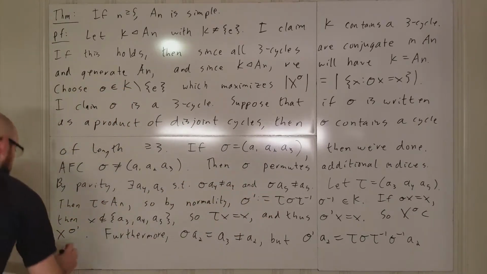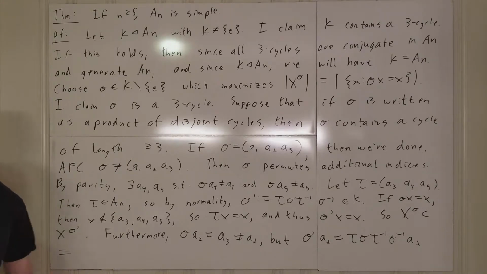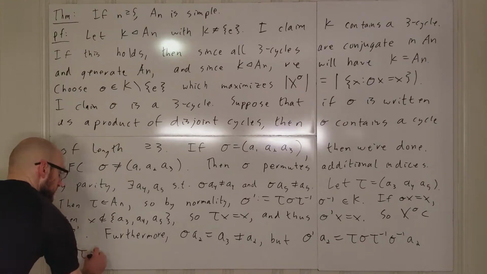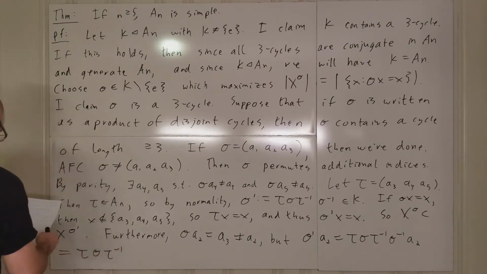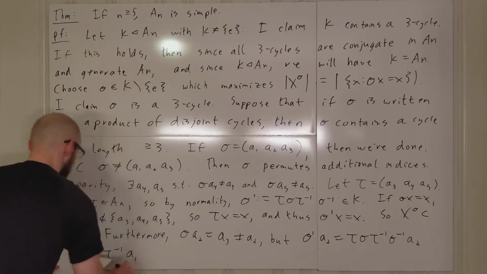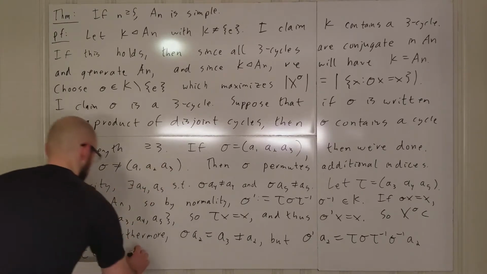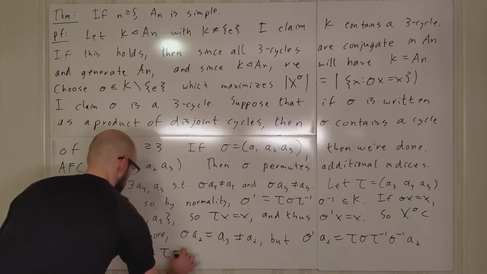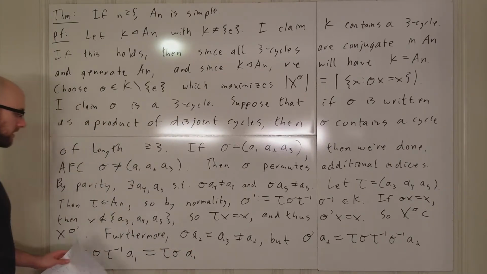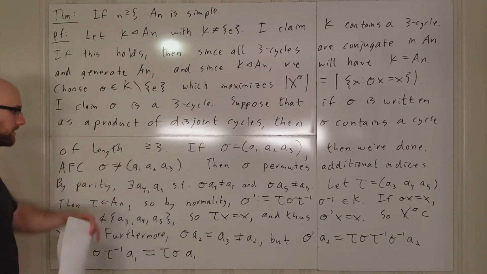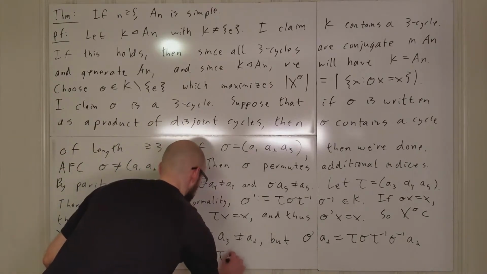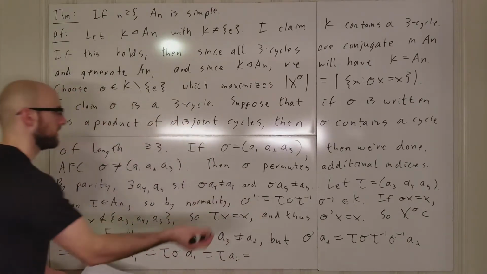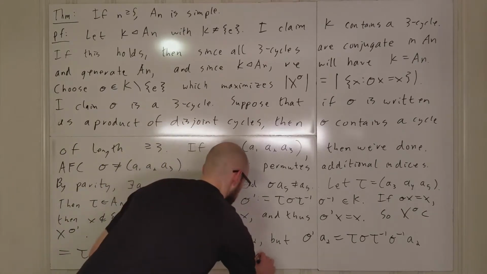So sigma inverse of A2 is A1, so we have tau sigma tau inverse of A1. Tau doesn't move A1, so this is just tau sigma of A1. Now sigma moves A1 to A2, so this is tau of A2. And tau doesn't move A2, so this is just A2.